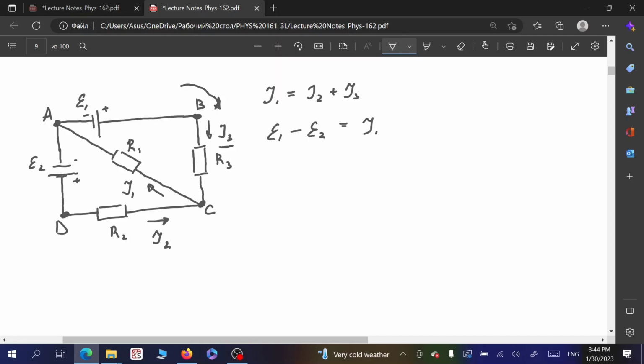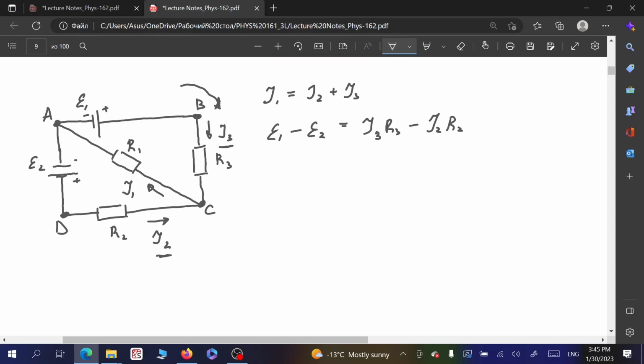So we consider I3 times R3, and then we see this current I2 flows in the opposite direction from the chosen positive path. So that will be negative. So it will be I2 times R2. So we have epsilon 1 minus epsilon 2 is equal to I3 times R3 minus I2 times R2. So that is loop ABCD.